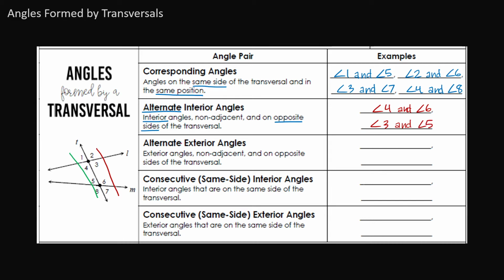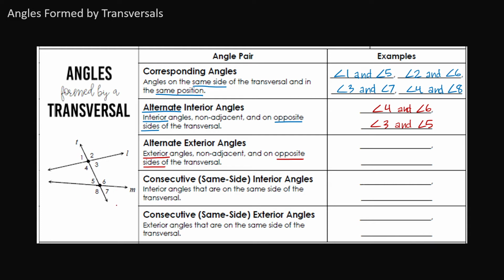Now we're looking at alternate exterior angles. These are angles that are outside of the two lines that are being intersected. They're outside, they're not next to each other, and they're on opposite sides of the transversal. So if I look at exterior angles, I am seeing angles 1 and 2 and angles 7 and 8.